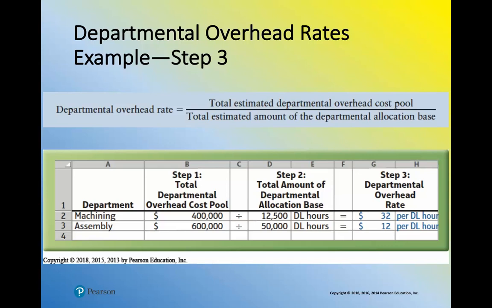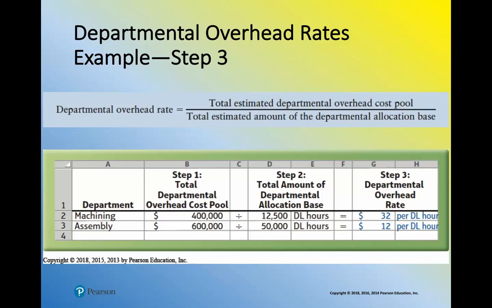In the assembly department, it only costs us $12 an hour to use that department for our products or jobs. If we think about the machining department, we have a lot more resources: utilities, electricity, the depreciation for the machines. So it costs us more money. Even though the total cost for the year is going to be less, we're using it for fewer estimated hours, so every hour in that department costs us more money.